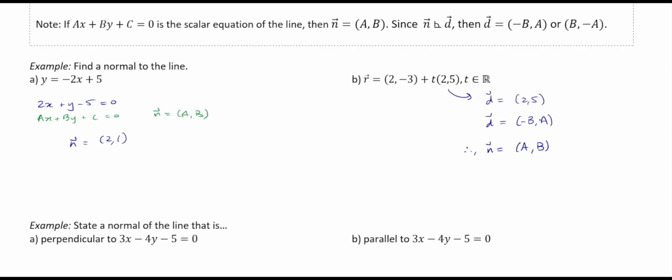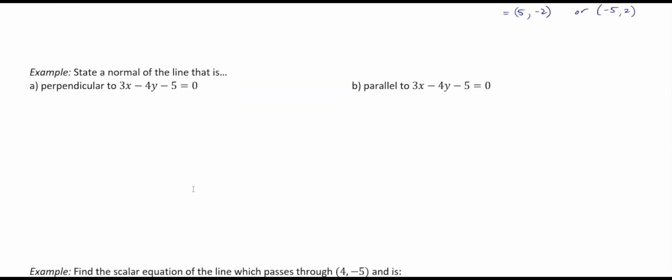So my a value is 5, and if my negative b value is 2, then my b value is negative 2. Alternatively, we can see right here that the direction vector is (b, negative a). So then the normal vector could also be, if it was pointing in the other direction, (negative 5, 2), because this dot product here has to still equal 0.